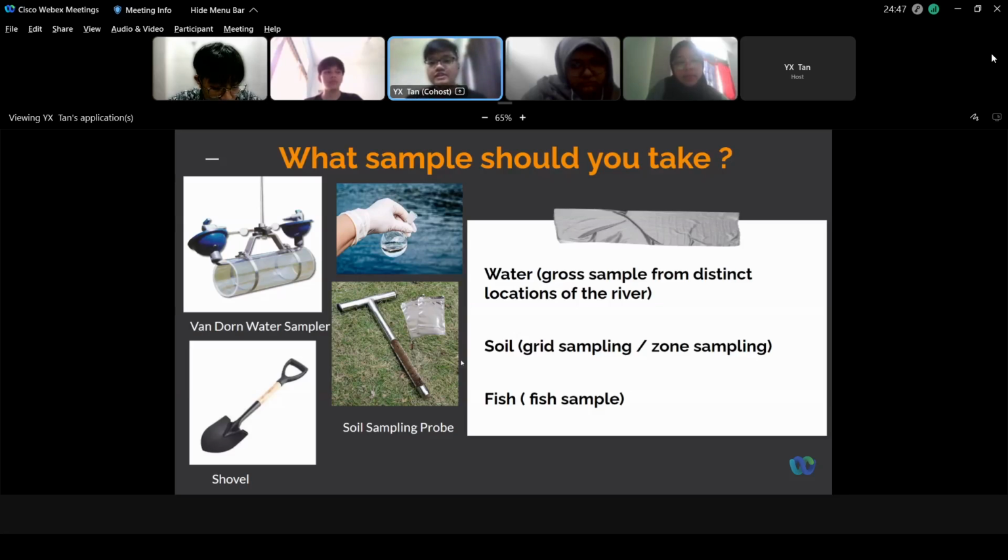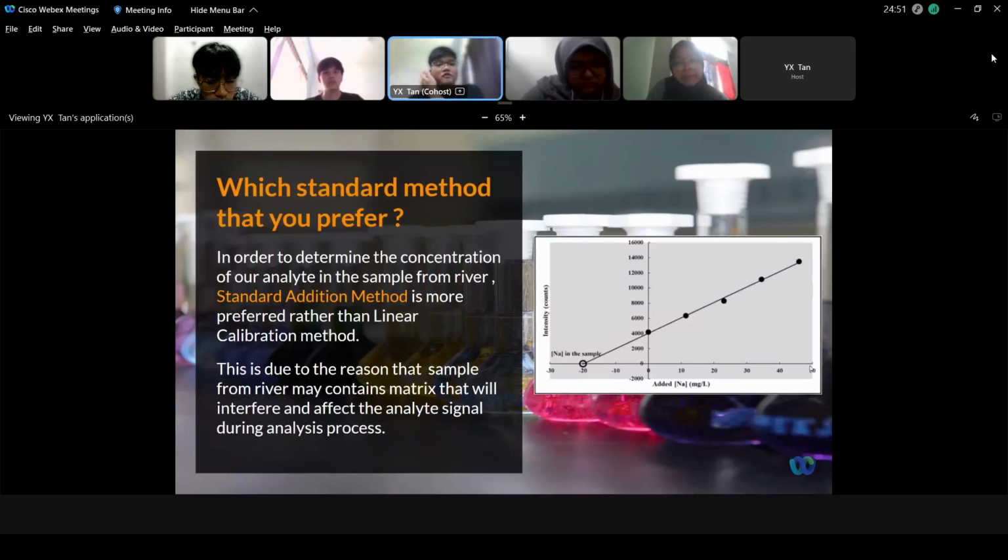The third sample that we're going to take is a fish sample. For the standard method, we prefer the standard addition method rather than the linear calibration method, because most of our samples are taken from the river or riverside. In Malaysia, the rivers are very dirty and have a lot of impurities and also matrix inside.